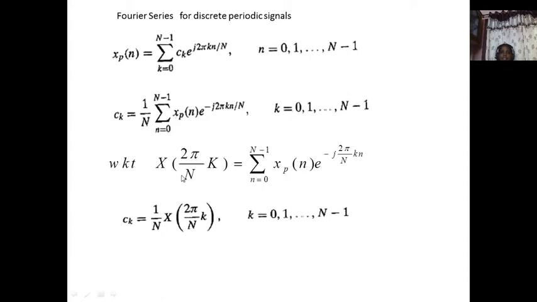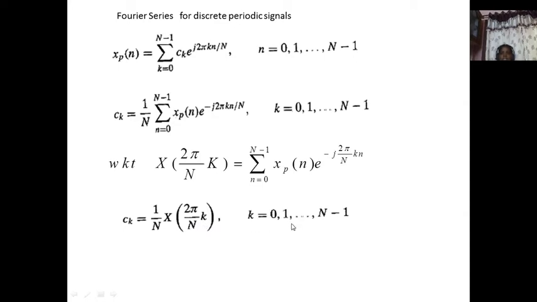By comparing this expression with the above expression, we can compare the two. The summation n equals 0 to N minus 1 xp of n e power minus j 2 pi kn by N is the ck formula. In this case, we substitute X of 2 pi by N into k. So ck equals 1 by N X of 2 pi by N into k, for k equal to 0, 1, up to N minus 1.